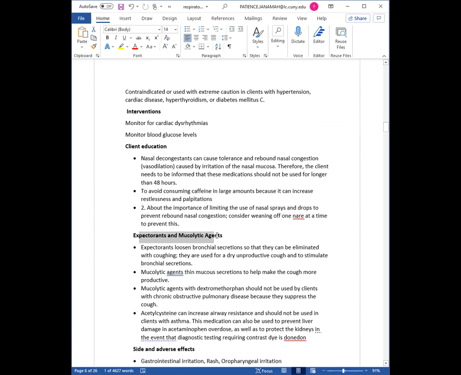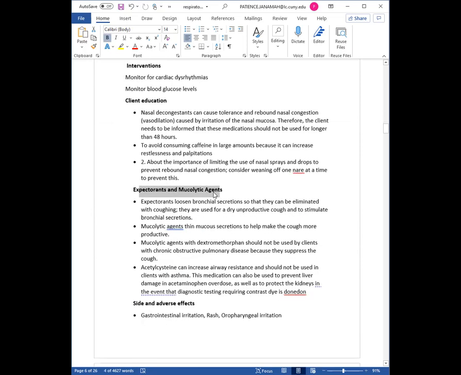I'm going to go to expectorants or mucolytic agents. Expectorants loosen bronchial secretions. So when you take an expectorant, your intention is to thin the mucous secretions in your throat, and the expectorant will help it come up. We have medication like dextromethorphan. Like you see some people taking what I'll call the cough syrup.